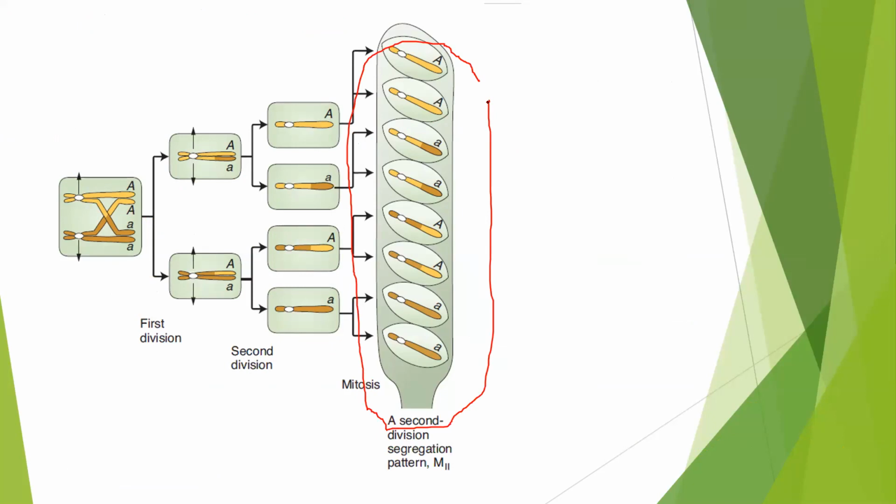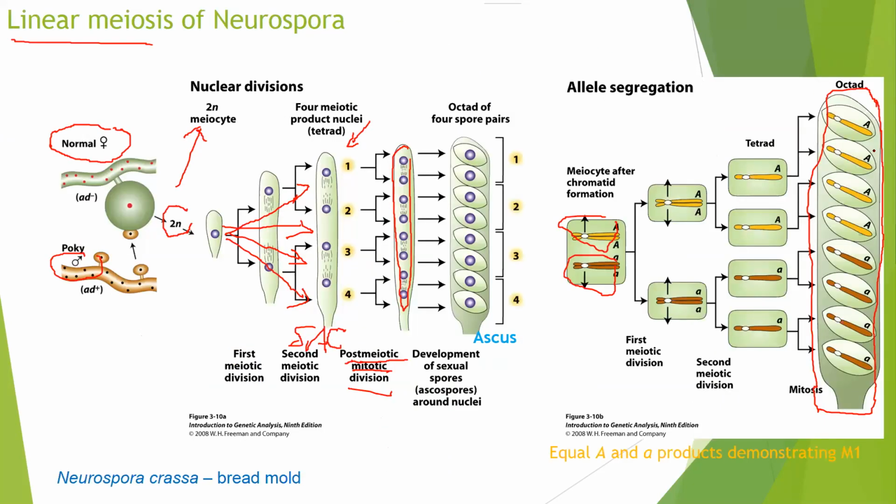In the previous slides, if there's no crossing over or recombination, you see big A, big A, big A, big A, small a, small a, small a, small a, arranged like this in the linear meiotic sac.